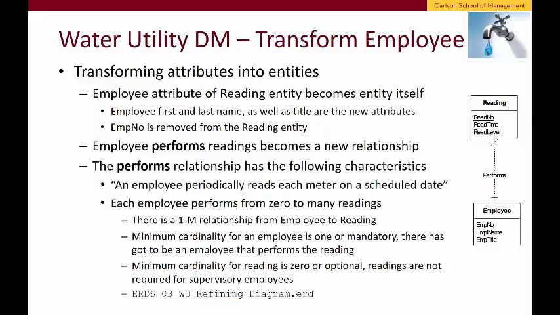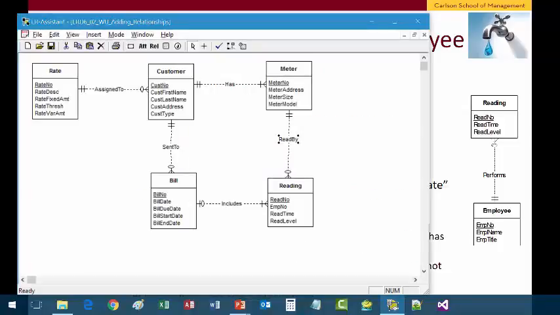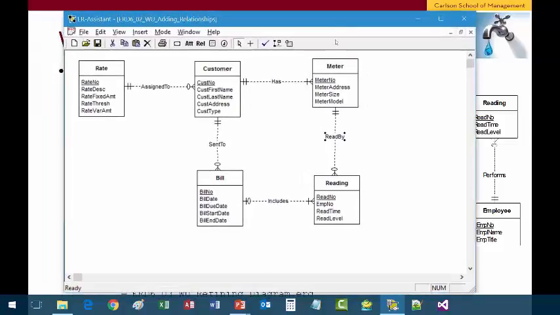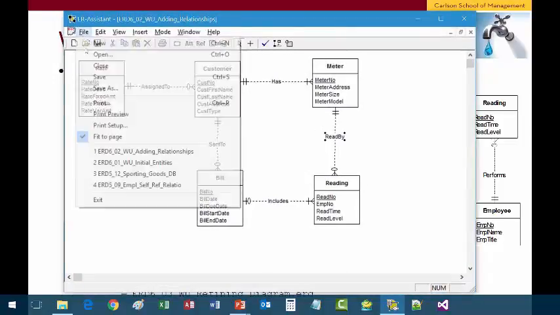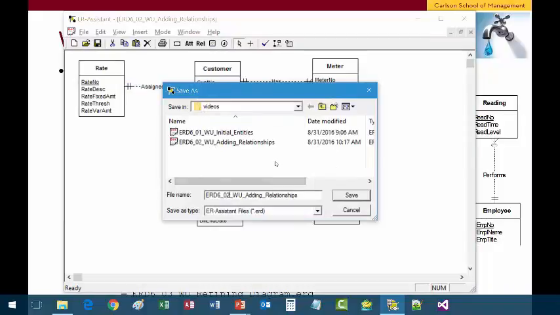In addition to EMPNO, or employee number, let's assume our employee has a name and title, just to add a few attributes. Okay, let's open or switch to our last diagram with our initial ERD and save it, just to preserve it again, as number 3 WU refining underscore diagram.